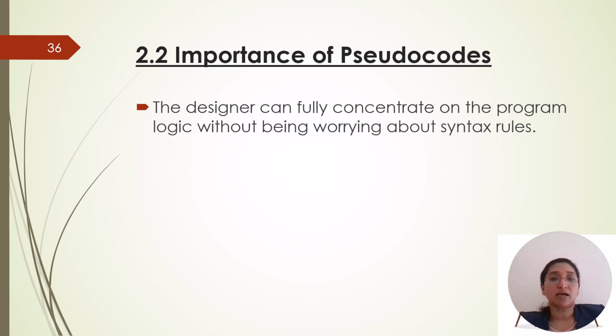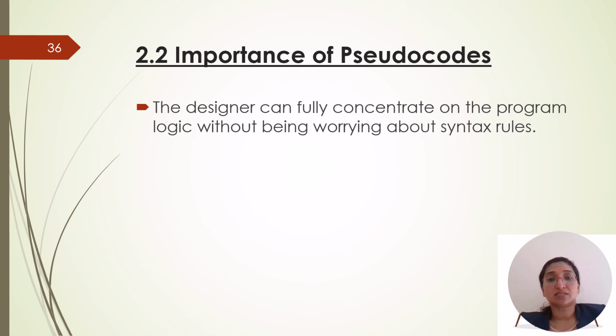In certain programming languages, before you use the variable, you have to define that variable. In certain programming languages, you have to put the semicolon at the end of the statement. In certain programming languages, you have to use 2 colons for assignments. So likewise, there are many syntax rules associated with different programming languages.